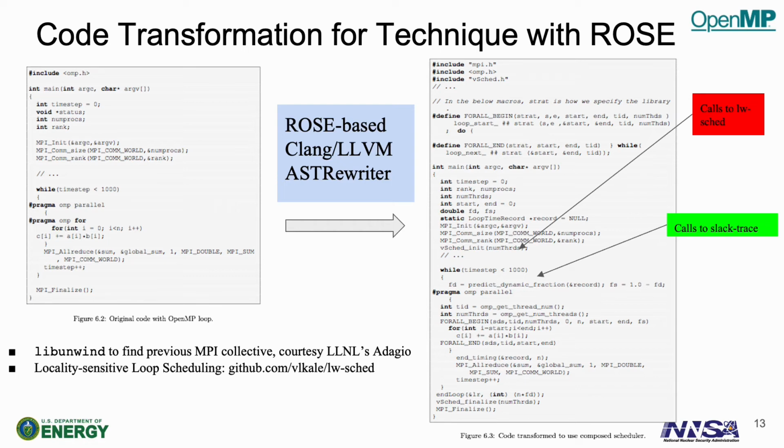And so predict dynamics fraction calls a library called slacktrace, which is basically a Python wrapper across PMPI which generates new PMPI code. And then here we have a vsched init and vsched finalize, so that's the lightweight scheduling.